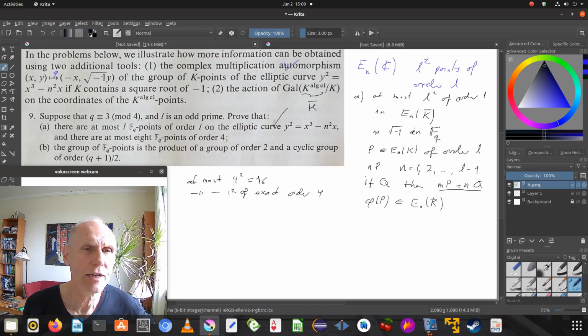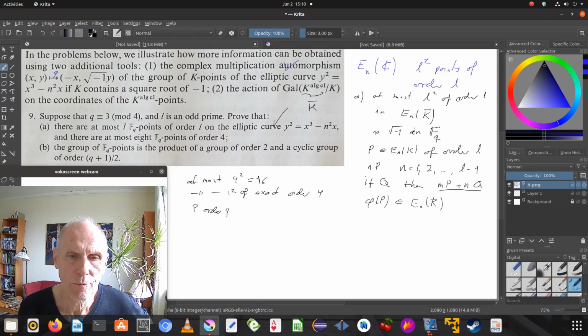And when we apply this guy, now, if we have 1 point of order 4, we use the same argument as before, and this is exact order 4, then P, 2P, 3P have exact order 4 as well.